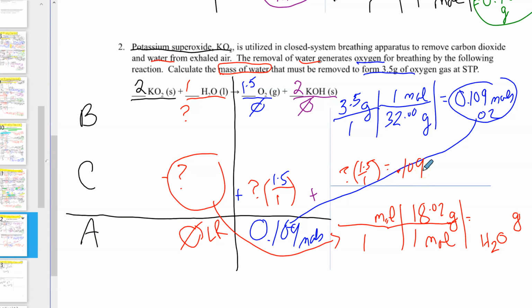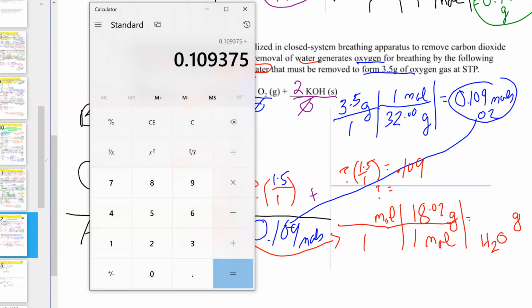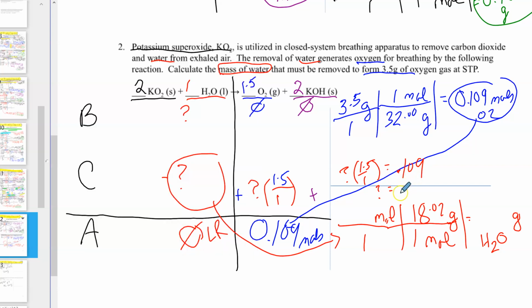Divide by 1.5. So question mark is going to be 0.0729. That means that during the change, I used up 0.0729. At the beginning, I started with 0.0729. There's none left over.